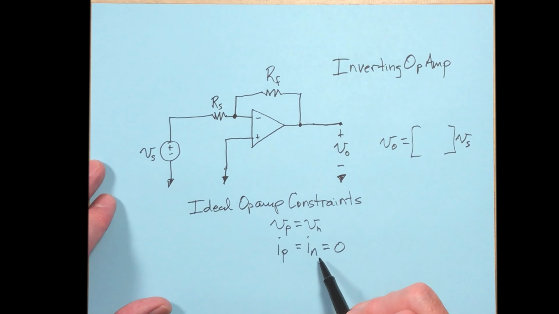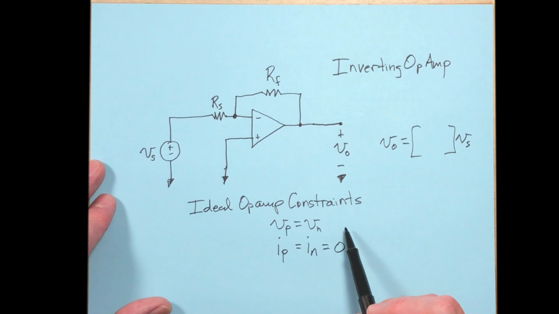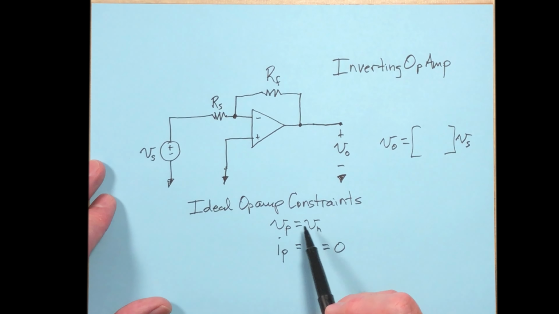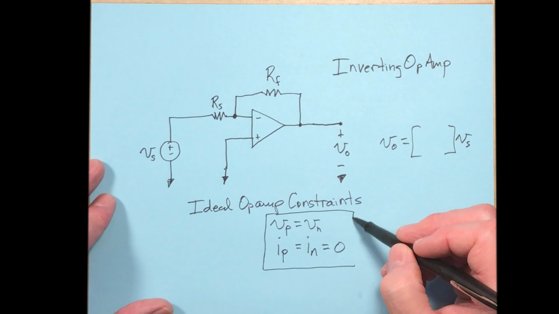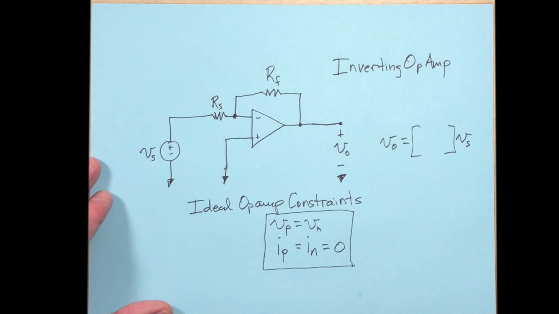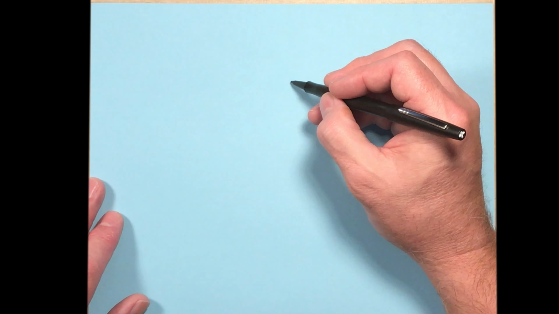Absolutely none. Now, you'll notice that Vp equals Vn, but that's not necessarily equal to 0. They're just equal to each other. But in this case, the currents going into the non-inverting and the inverting side is equal to 0. If we make these two assumptions, called the ideal op-amp constraints, then we'll be able to solve this circuit pretty easily. So this is an example from a textbook.